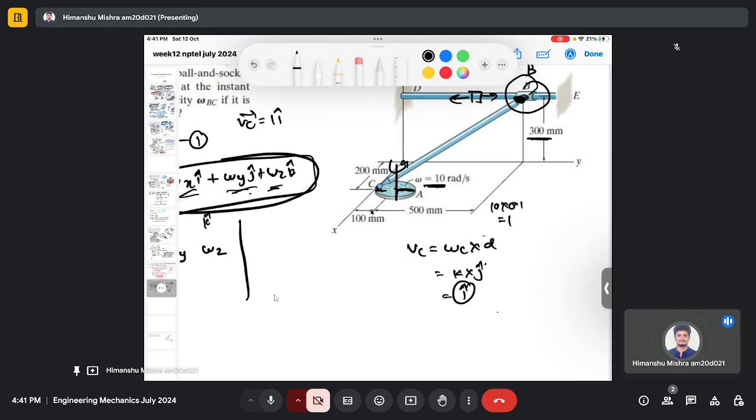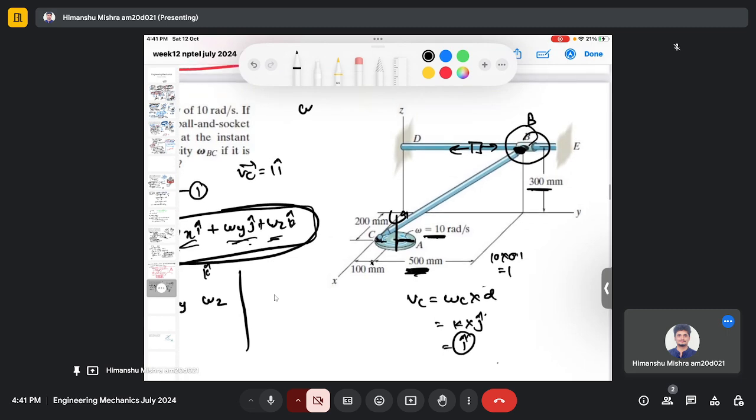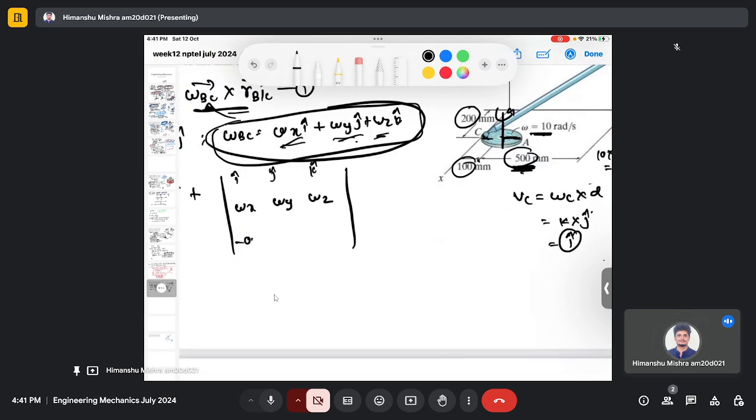This is the z component, this is the y component, this plus this is the y component, and this is my x component. So it's minus 0.2. Basically this R B with respect to C is minus 0.2i plus 0.6j plus 0.3k. So it's minus 0.2 here, 0.6 here and 0.3 here, right?